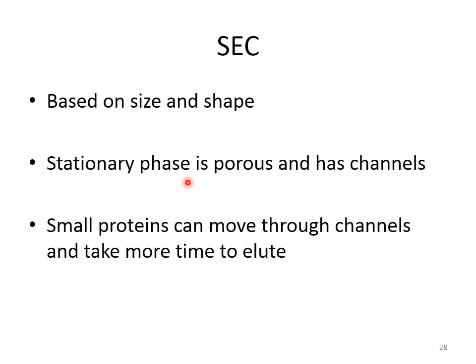The proteins which have a size smaller than the pore size go inside the beads of the stationary phase, and therefore they travel a greater distance through the column. Other proteins which are larger will not be able to go into these pores, and therefore they take less time to travel through the column.